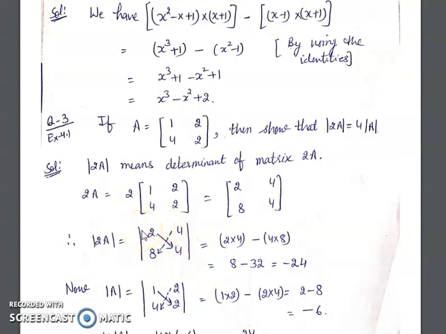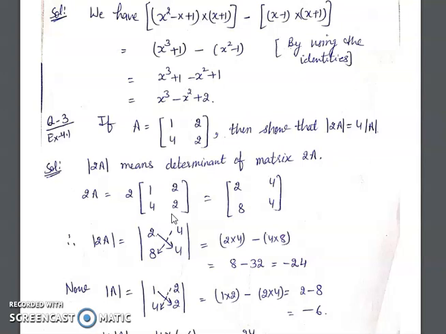So, open the determinant. 2 into 4 minus 4 into 8. 2 into 4 is 8 minus 32. This gives us minus 24. Remember, we cannot open the matrix because matrix is the arrangement of the numbers.